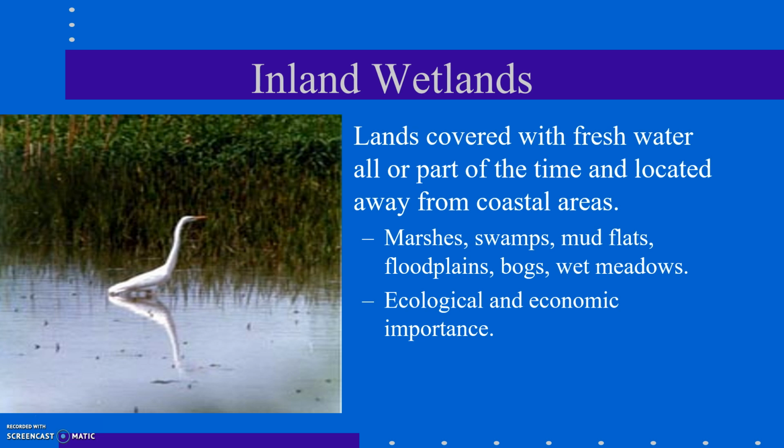So there's a couple different names for wetlands that are depicted on this screen, including wet meadows and bogs and mud flats. And like I mentioned earlier, wetlands can be covered by water all or part of the time of year, and the inland wetland must be located away from a coastal area. They also exclude lakes, reservoirs, and streams.